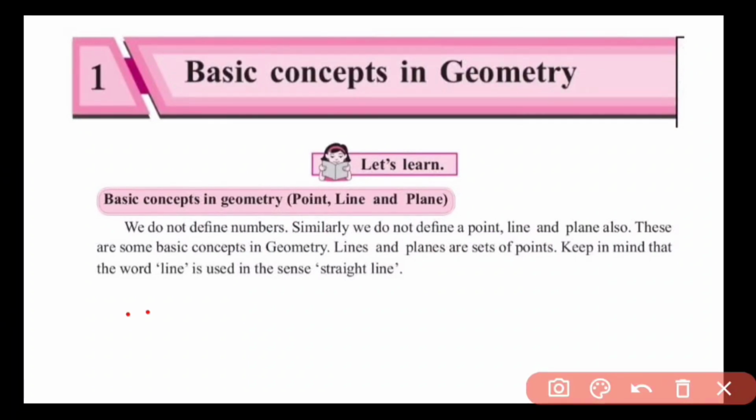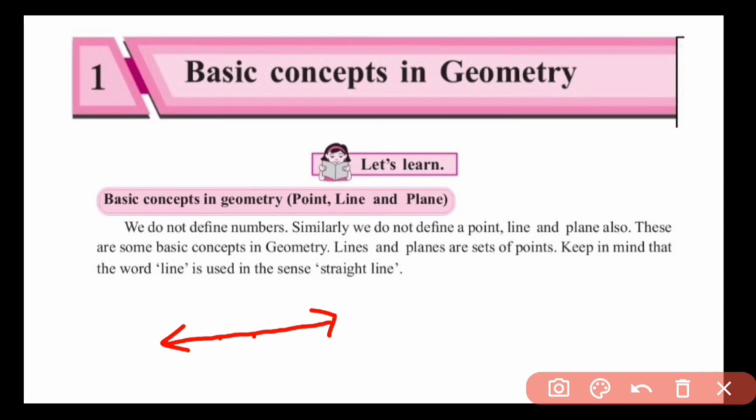When you see here, I am drawing some points, okay, and when we draw a segment joining these points, then we can say that this is a line which has an arrow on both sides. So, a line is a set of points. Similarly, planes are also sets of points.